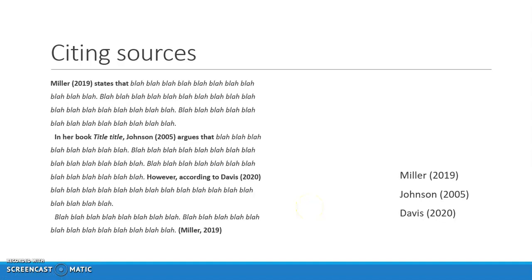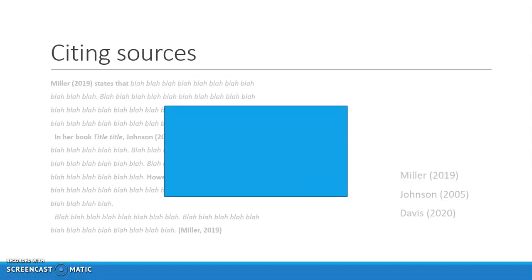And finally, I'd like to point out what words are used in this example along with the reference. We've got Miller states, blah, blah, blah. Johnson argues, according to Davis, and so on. You should make sure to use suitable words depending on what kind of text you're referring to and what kind of text you're writing.